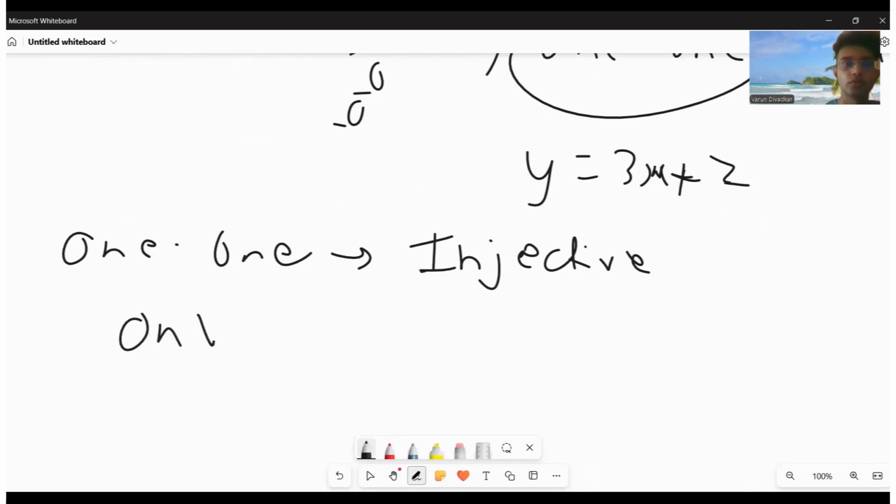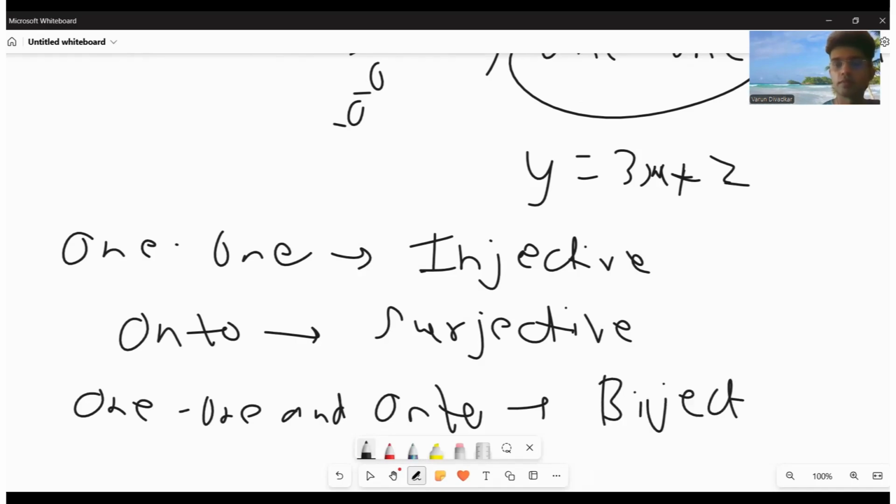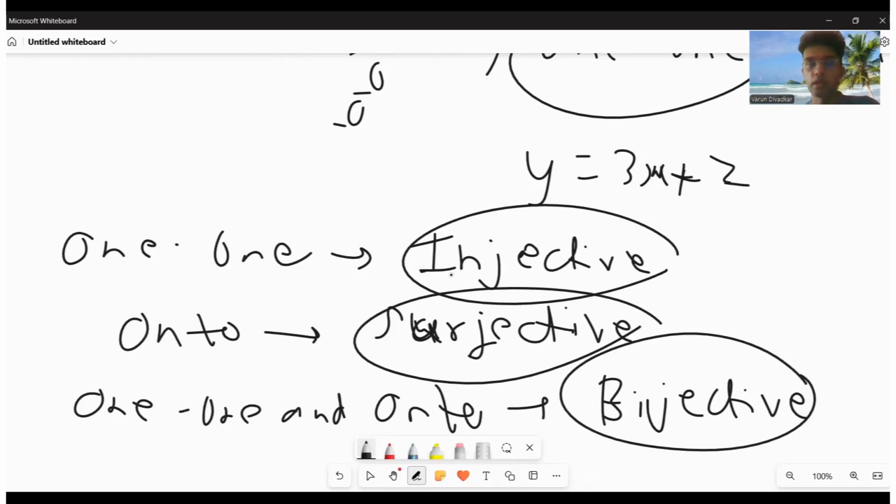And onto is called a surjective function. And a one-one and onto is called a bijective function, right? So just keep these names somewhere in your diary. Injective is one-one, surjective is onto, and bijective is one-one and onto, right?